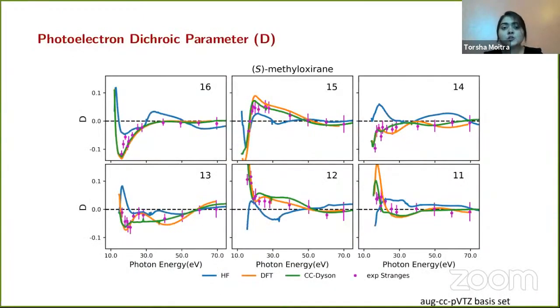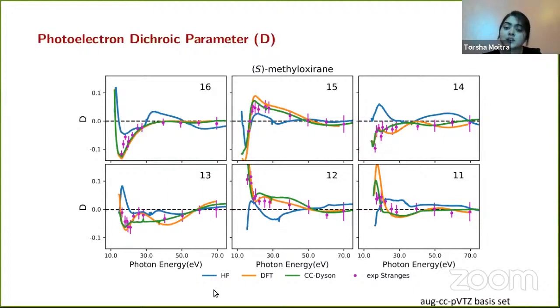Next, we looked into the photoelectron dichroic parameter of S-methyloxirane, which is a prototypical molecule for studying this parameter. We looked into the 6 outermost or the 6 lowest energy ionizations for this molecule. And here we see the importance of the inclusion of correlation in the treatment of the bound state of the system.